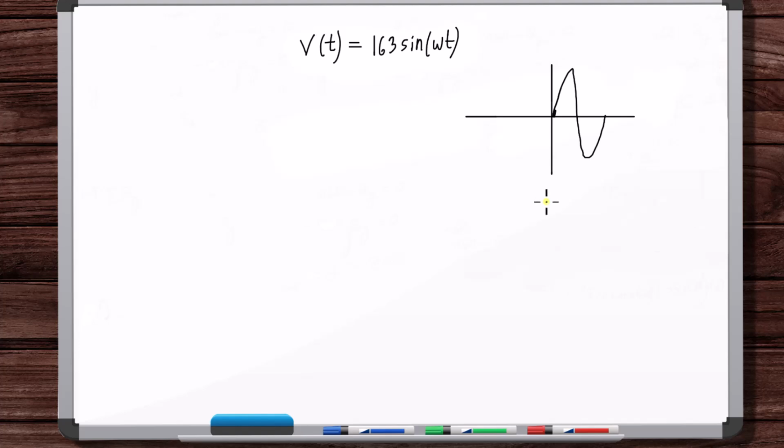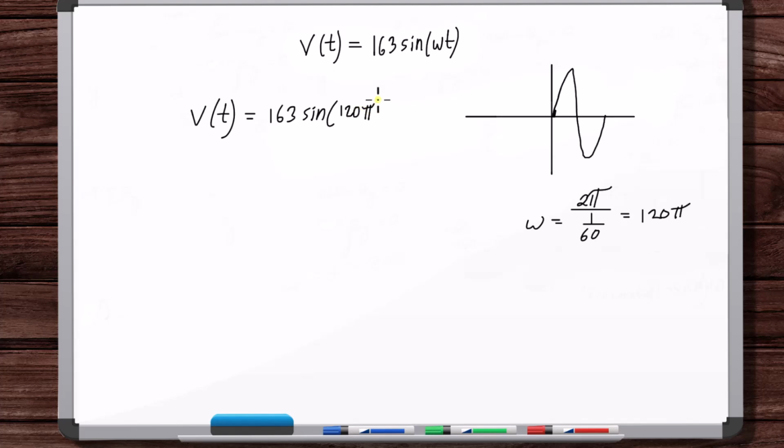So omega then is, you haven't gone one cycle every 60th of a second, you've gone 2 pi radians every 60th of a second, which is 120 pi. Okay, so there we go. The voltage is 163 sine of 120 pi t.